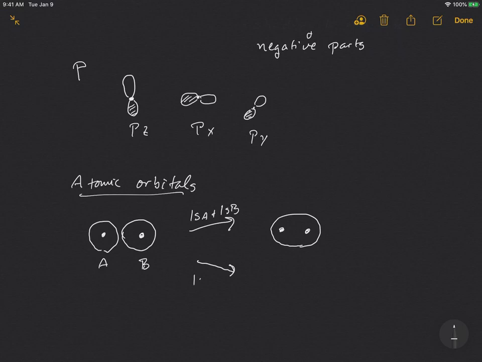And if we looked at 1sA minus 1sB, that's going to give us an orbital that looks a little bit like this. Notice the difference between atomic orbitals and molecular orbitals. These over on the right-hand side are the molecular orbitals.